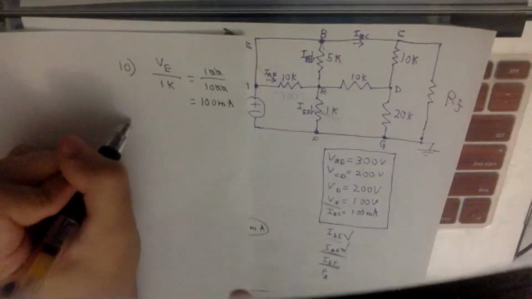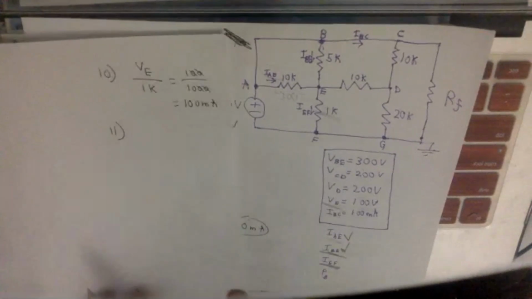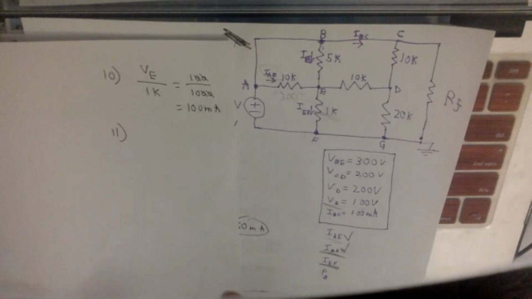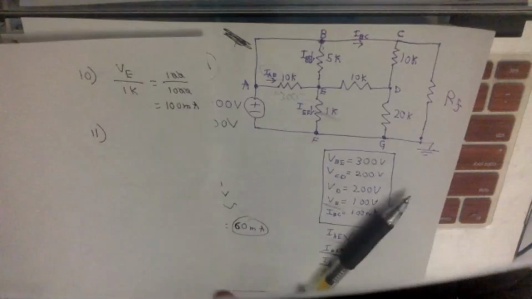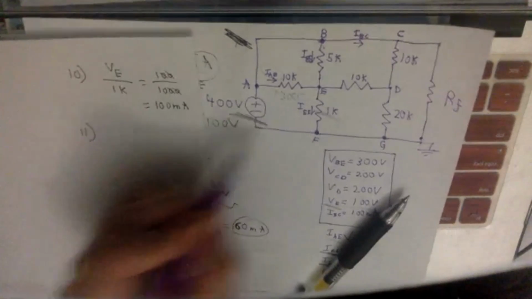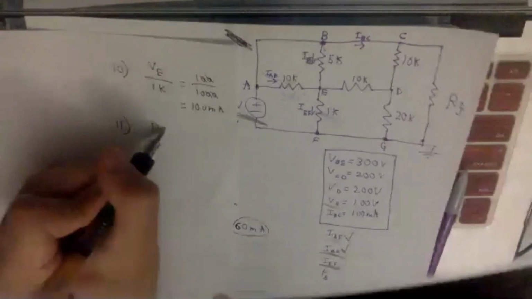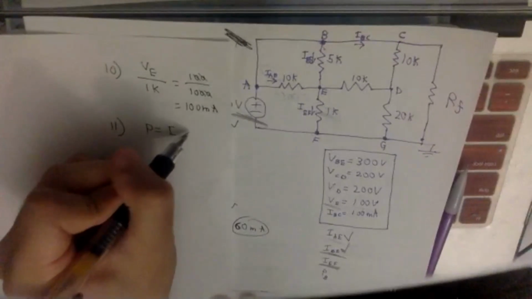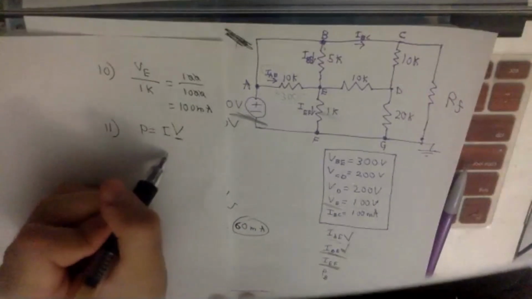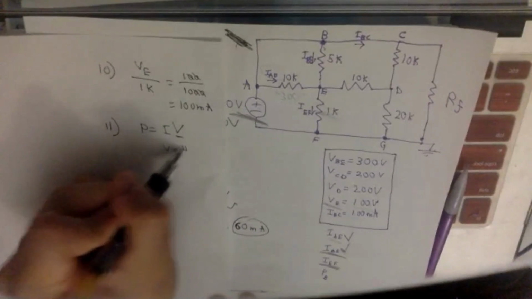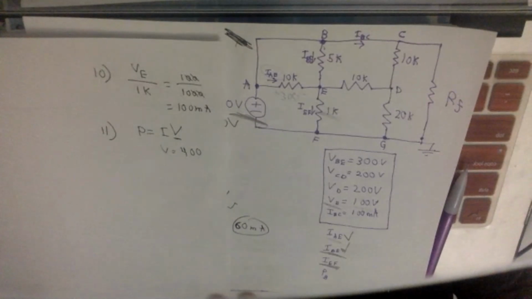Okay, number 11. Now this one's a little tricky. You have to do KCL at this node right here, but it's asking for power emitted from this source, right? So as we know, P is going to equal IV. We have the voltage. V is going to equal 400. So now I need the current.